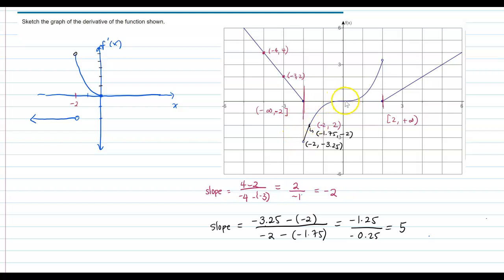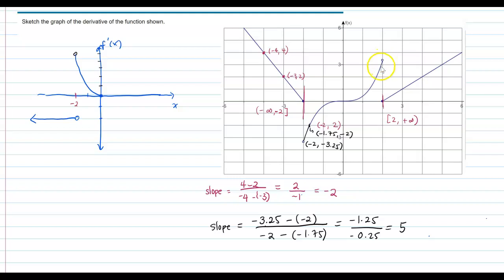Now if you look at the interval from 0 to 2, you also notice that the curve is increasing. So that means we expect our graph to also be positive. Similarly, we get 2 points on the curve and approximate the slope of the function at this point.